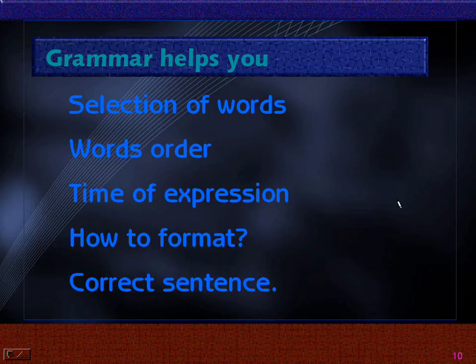Ultimately, if you know grammar thoroughly, you will be able to make correct sentences. So grammar will help you with word selection, word order, time of expression, how to format, and how to make a correct sentence. These are the things we can do using grammar.